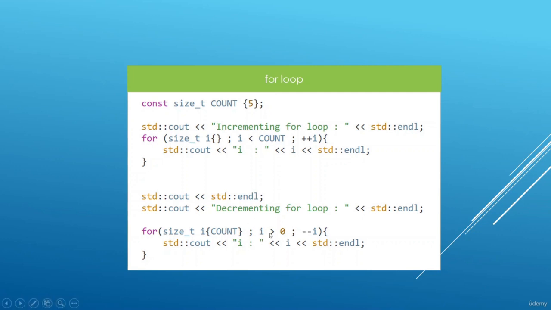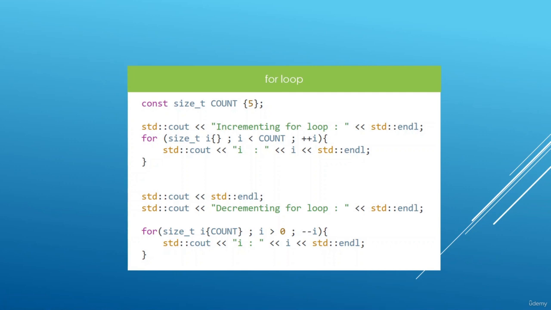And as long as this evaluates to true, the loop is going to keep running, so we're going to fall in the body, we're going to print whatever value we have in I, and then we're going to decrement, and this is going to repeat until we hit the point where this condition here fails. And we are basically going to print 5, 4, 3, 2, and 1. And once we hit 1 and decrement, this is going to become 0, and it's no longer going to be greater than 0, and this loop is going to end.